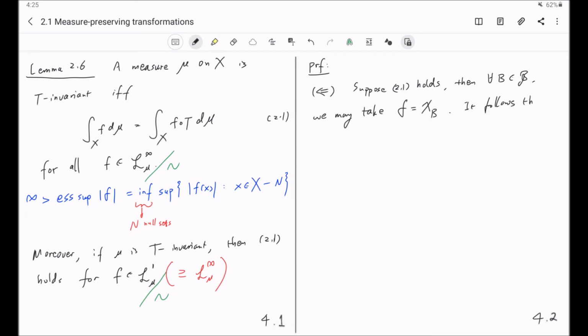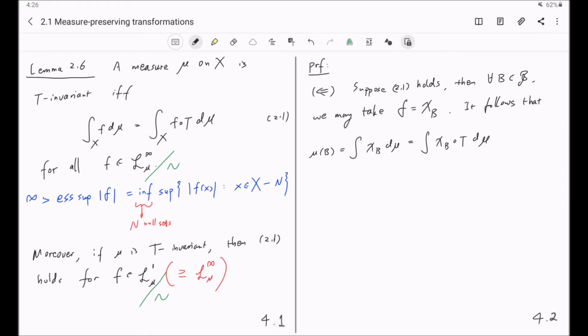It follows that mu of b is equal to the integral of chi sub b with respect to mu, and this, by our equation 2.1, is equal to chi of b composed with t integrated over x with respect to mu.